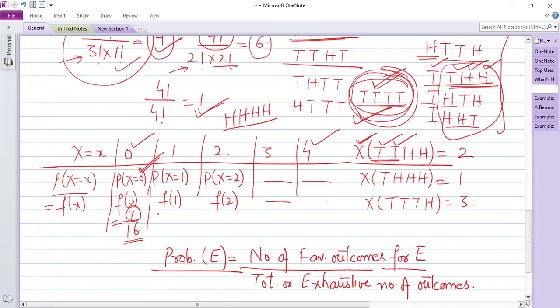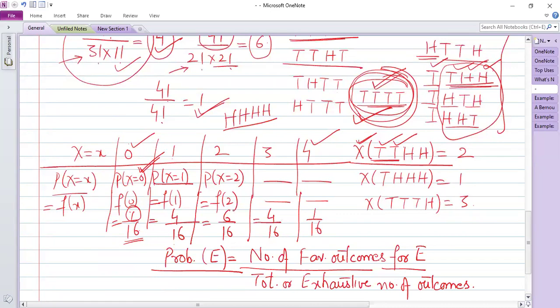Now, what is the value of f, meaning the probability that X is 1? This is nothing but 4 by 16. Similarly here it is 6 by 16, and here it will be again 4 by 16, and here it is 1 by 16.